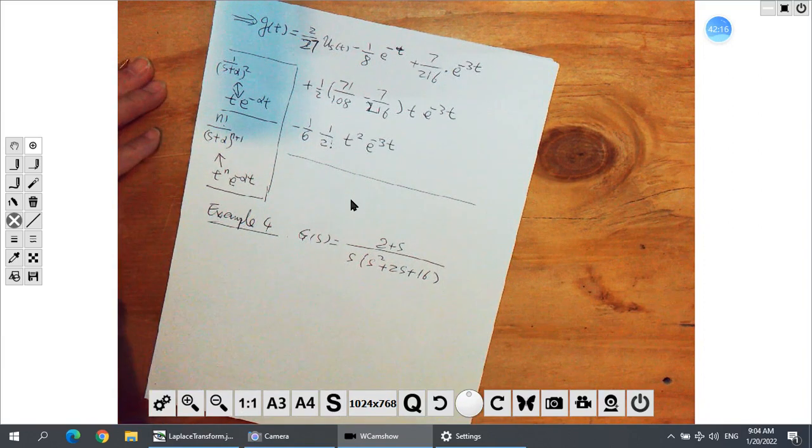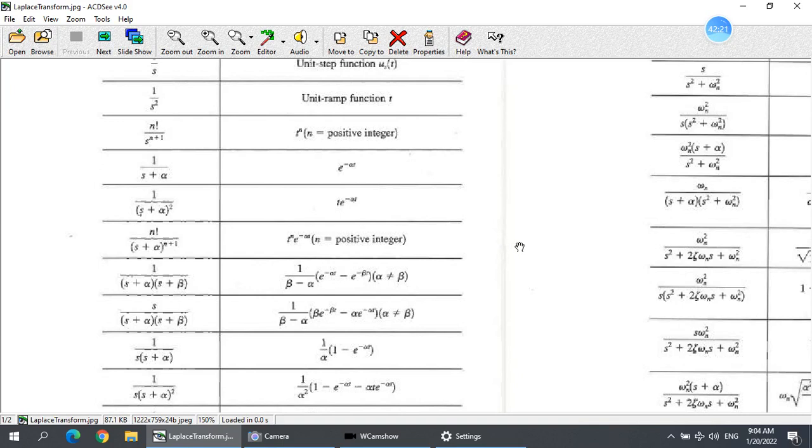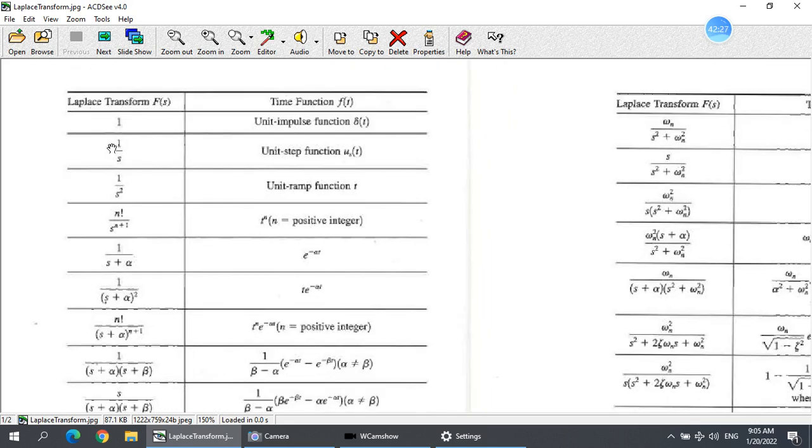Of course, you need to check the table to see which terms will be useful. So here in the denominator, I have two factors. One is S, so we know, okay, you can use this one, right? The other one is S squared plus 2S plus 16.